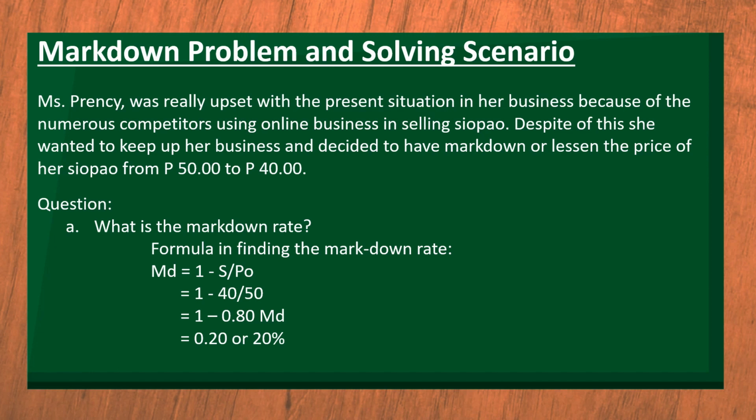The formula in finding the markdown rate is MD, or markdown rate, is equal to 1 minus the selling price divided by the price offer, or the first price offer, is equal to 1 minus 40, which is the markdown price, over 50 is equal to 1 minus 0.80.